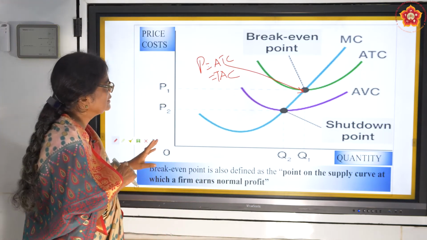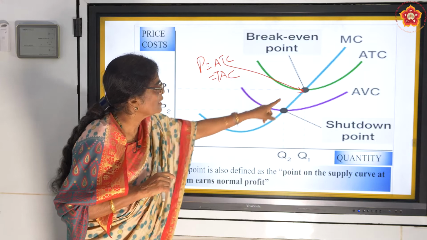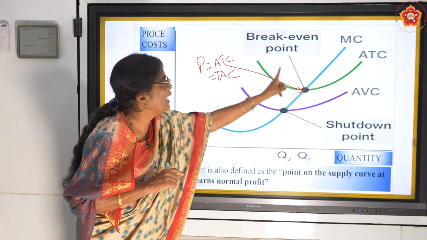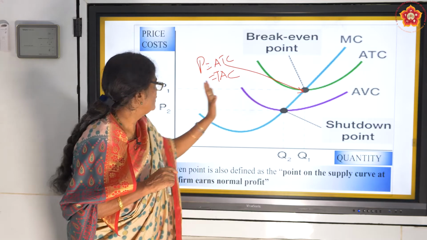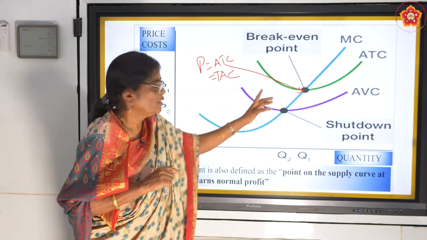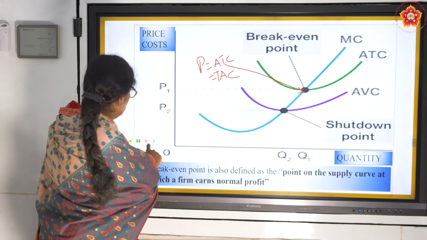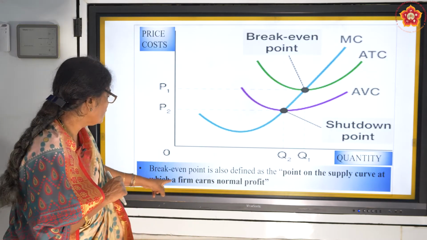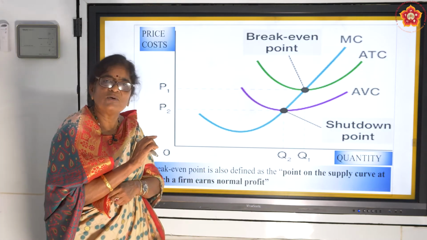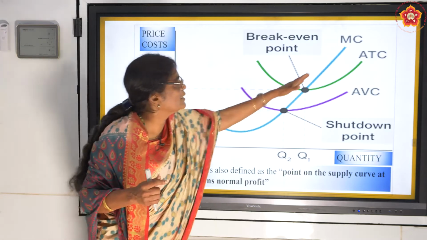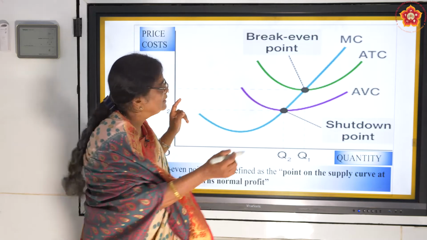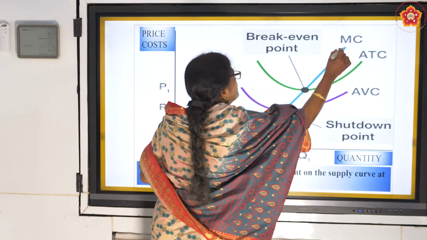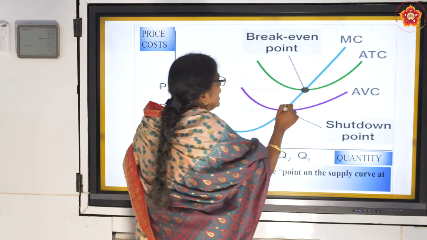I hope you understood this clearly, because in the same diagram we are explaining the shutdown point and the break-even point. The break-even point is above the shutdown point, because there it covers both costs, variable cost and fixed cost. The next point, the break-even point is also referred to as normal profit. On the supply curve, you know what the supply curve is in perfect competition.